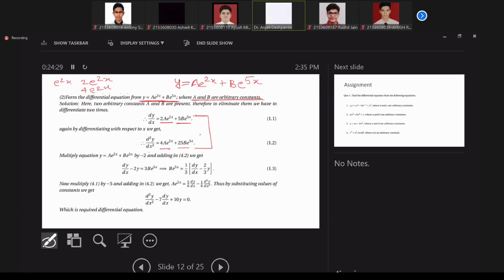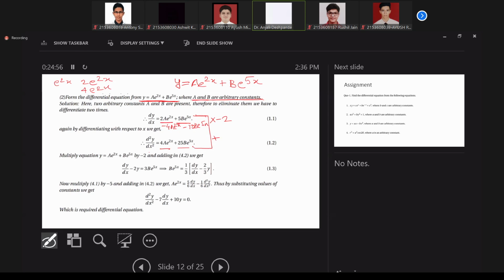So what we are going to do, I'm just showing you, you can multiply this by -2. If you multiply by -2, this side will become -2 into dy by dx, and this, an important thing, will become -4a e raised to 2x. Likewise, this will become -10b e raised to 5x. And now after multiplying, I can add it with this equation.